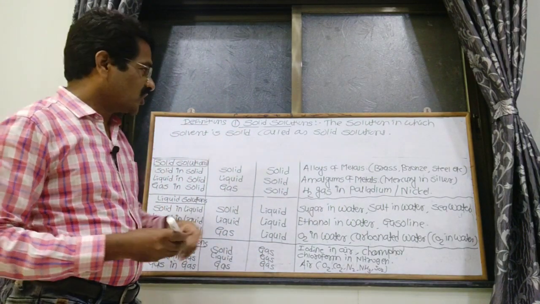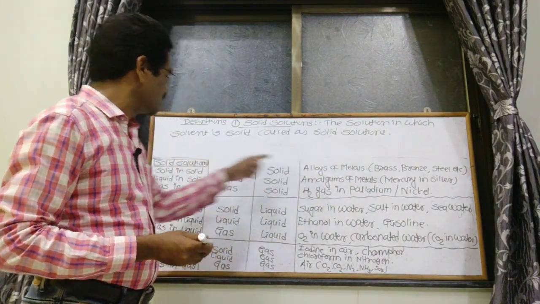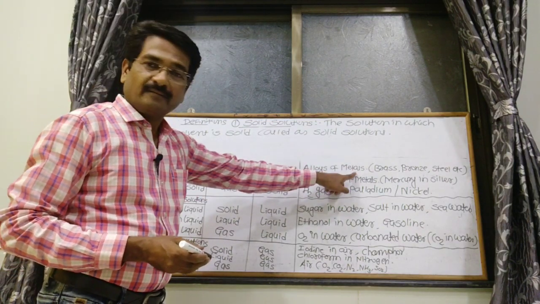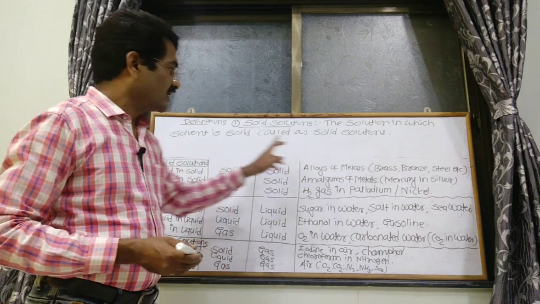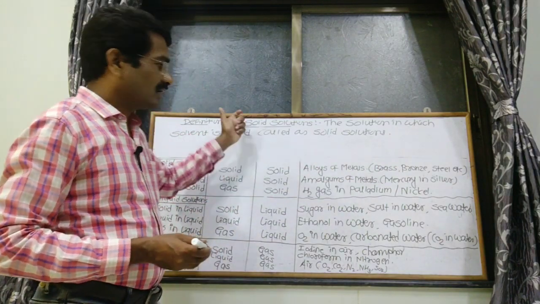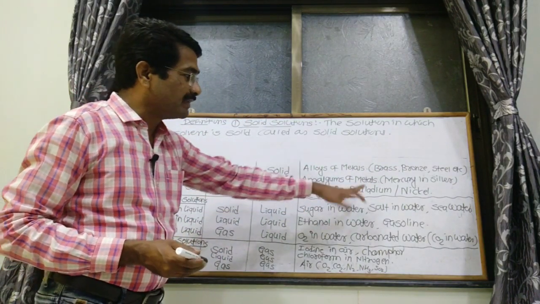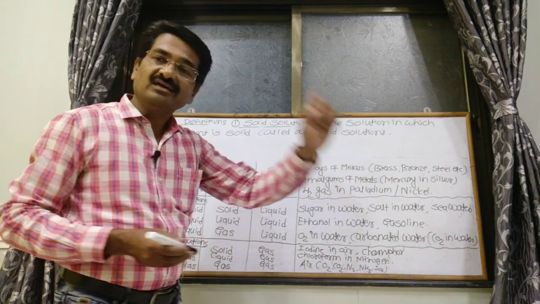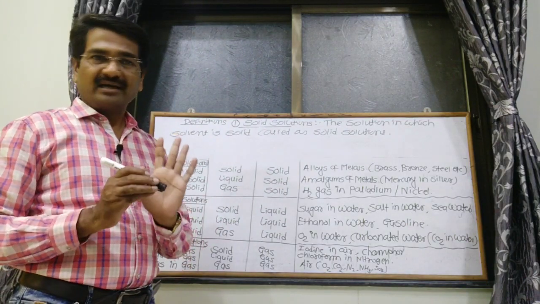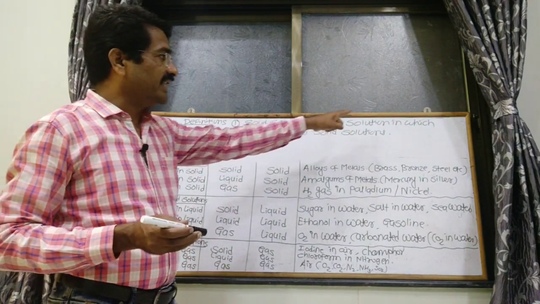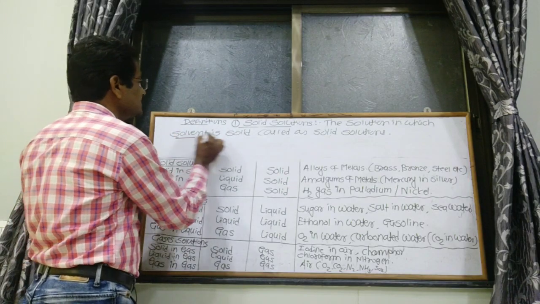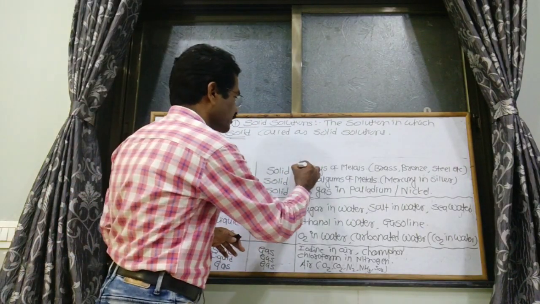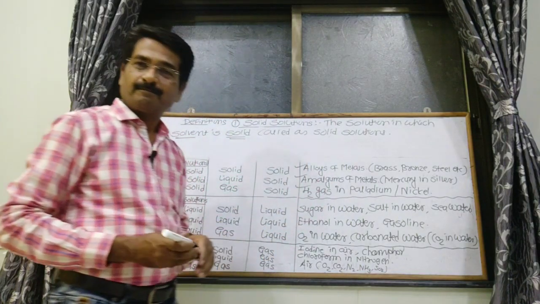Which are the examples? All these examples are solid solutions, all these three: alloys of metal, brass, bronze, steel, amalgams of metal, or H2 gas in palladium. Why? Because in all these examples the solid is the solvent. You understand? What is a solid solution? The solution in which the solvent is solid is called a solid solution. And these are the examples, 1, 2, 3.